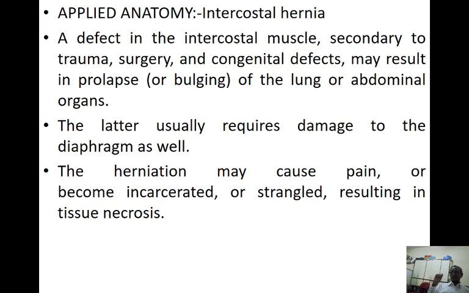Because of the pressure on that hole, there is a chance that the outside part of the lung or abdominal viscera may lose its circulation and become incarcerated or strangulated, resulting in tissue necrosis. When there is no blood supply, there is a chance that tissue becomes necrosed.